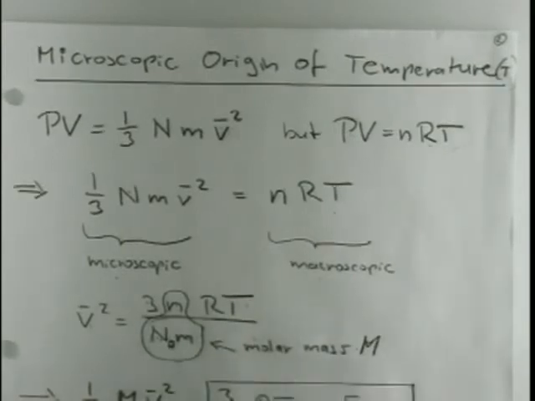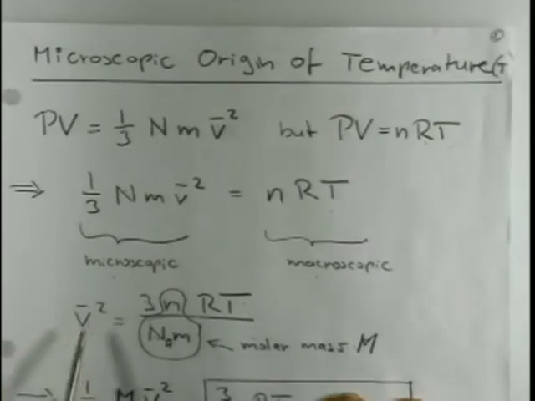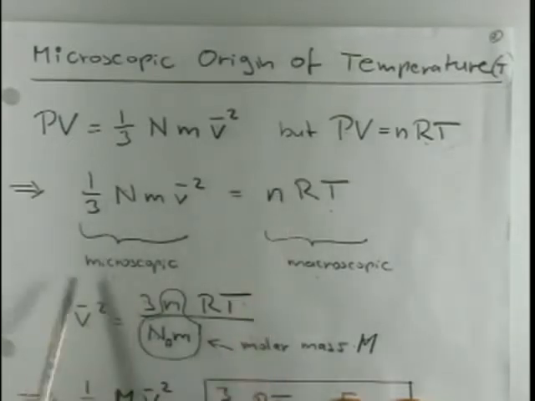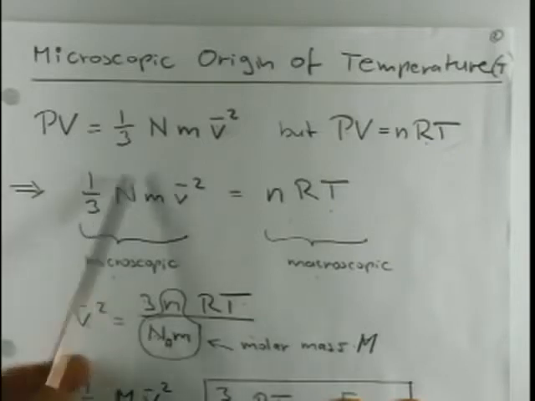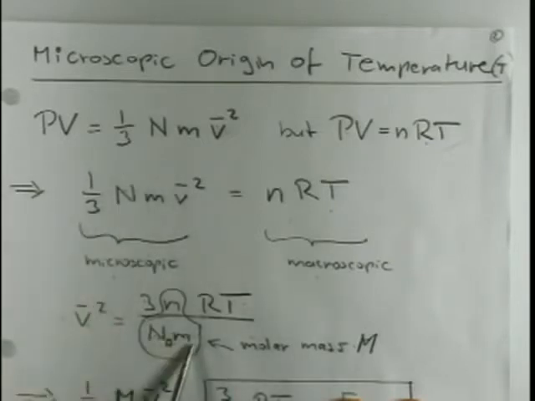So now I rearrange that to get this V bar squared here. I have to multiply this by 3 to bring this over here. Bring this N down here, bring this M down here. N times M is the total mass, isn't it? N, the number of molecules I have, times the molar mass per molecule.